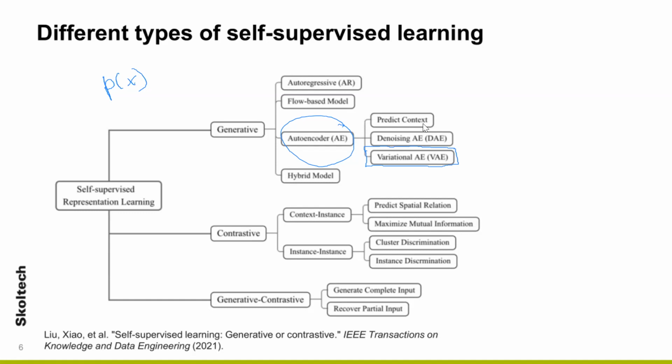So we try to learn these embeddings in a different way, and we focus later in this lecture on contrastive learning. Also note that there is a combination between generative and contrastive learning, partly related to adversarial training, when we try to fool some model.